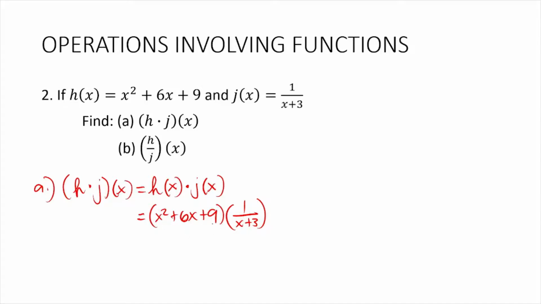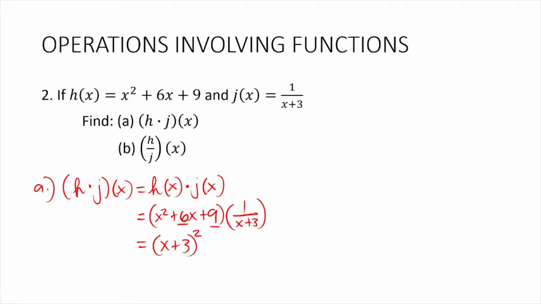So x squared plus 6x plus 9, this is a perfect square trinomial, right? So this is equivalent to what? x plus 3 squared, right? 3 times 3 is 9, and then 3 plus 3 is 6, right?